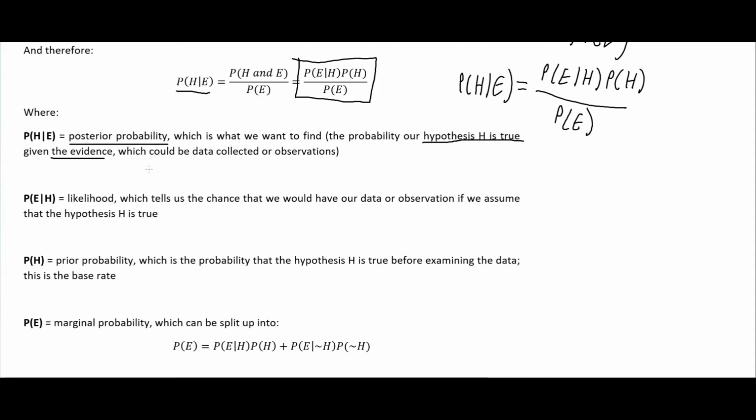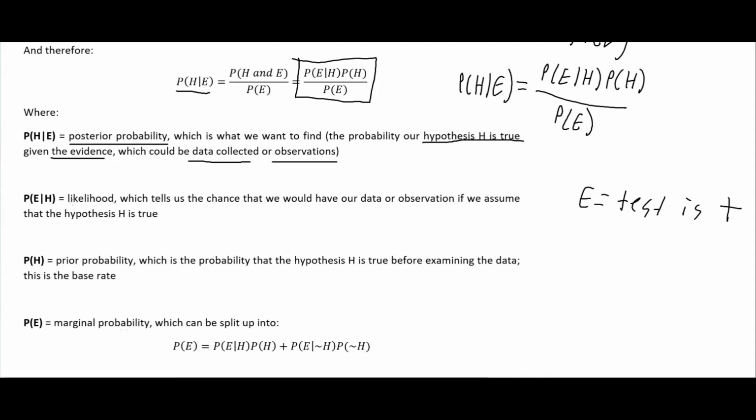The evidence is things like the data collected or observations, or in the example above, that the test shows a positive result. So in the above example, E equals test is positive.